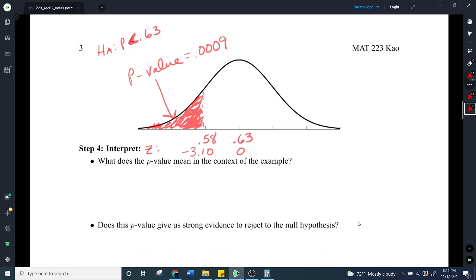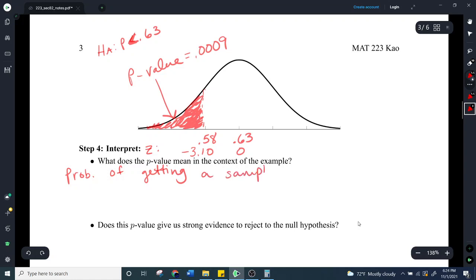So what does this mean in the context of the example? The p-value is the probability. Let's write that down. That is the probability of getting a sample with 58% or less. Why is it or less? Because of this less than right here. That's the reason.